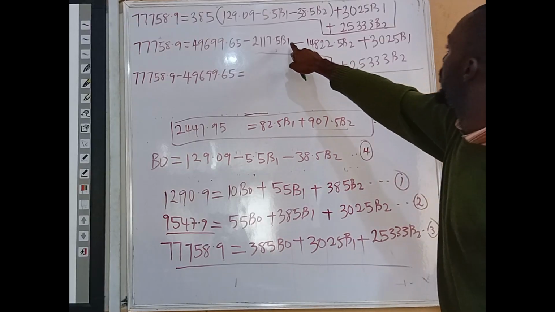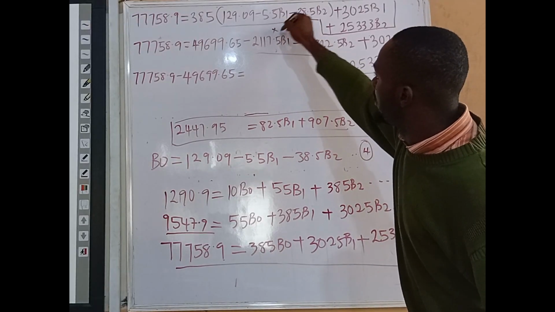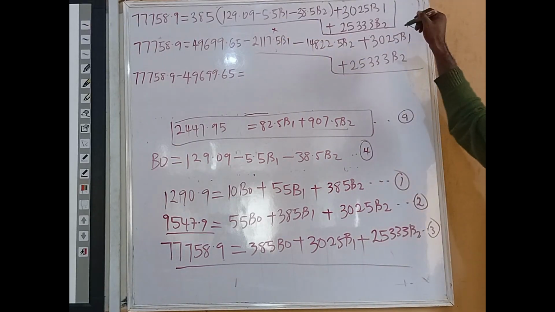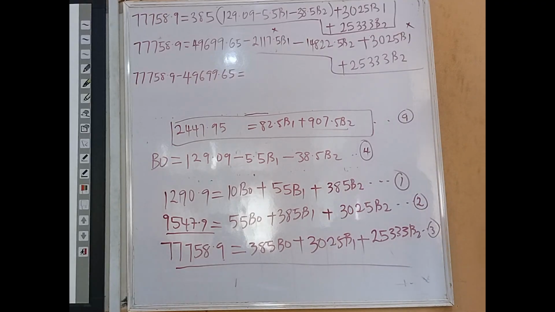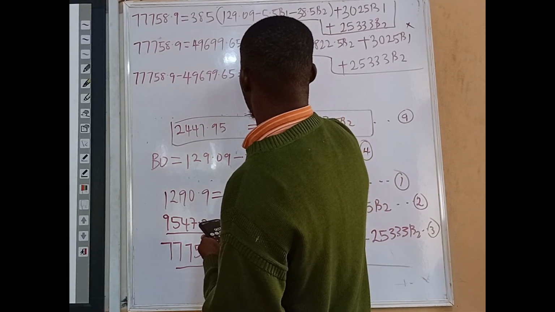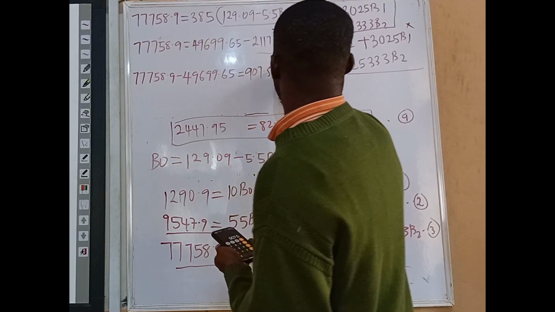Then B1 and this one, they are like terms. So we do 907.5 B1.